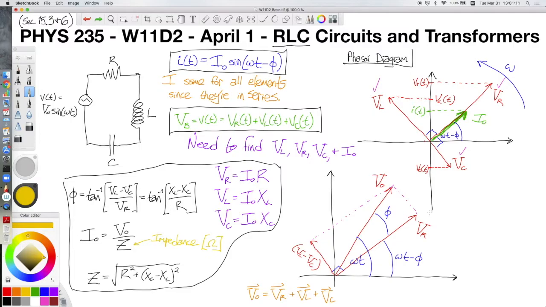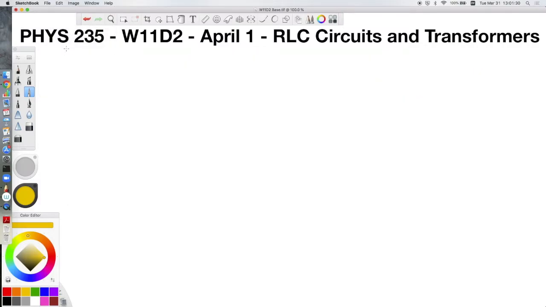So this is the general idea behind AC RLC circuits and how we might represent these things as phasor diagrams. And now I want to do an actual example with numbers because this can be a little bit of an opaque concept without an actual example. So we're now going to make ourselves an example, and I am going to set it up as follows.